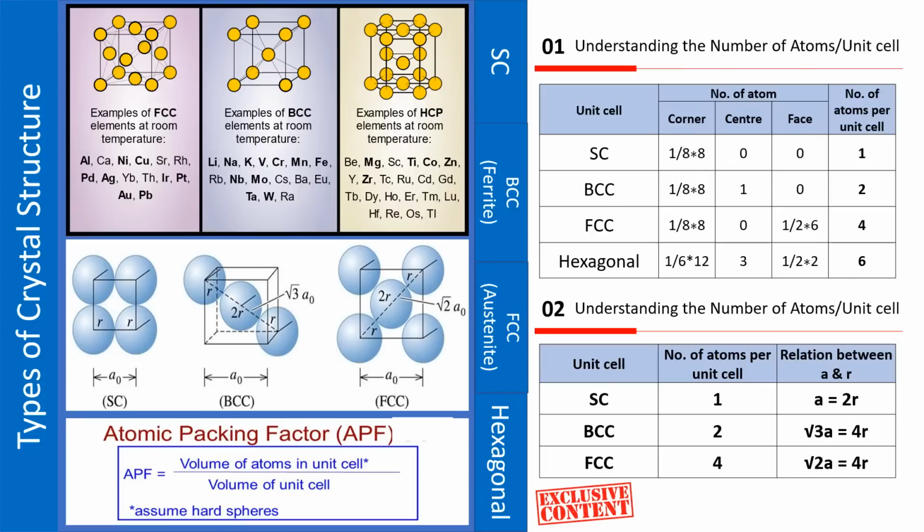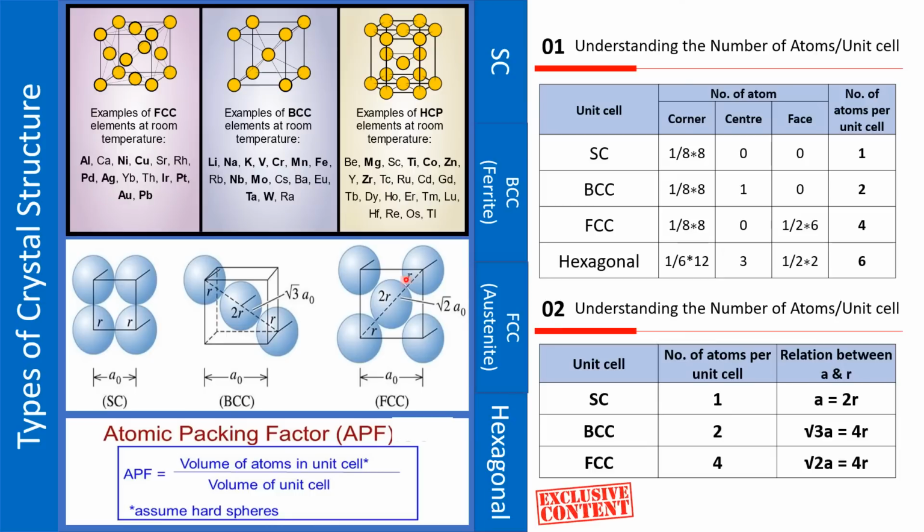And if you talk about, first let us see FCC, which is having atom at the center of the face. Now let us see, this dimension is A and these atoms are touching each other. So we will be having this scenario. So this is A, this is A. So Pythagoras theorem, we can easily establish this dimension, right?